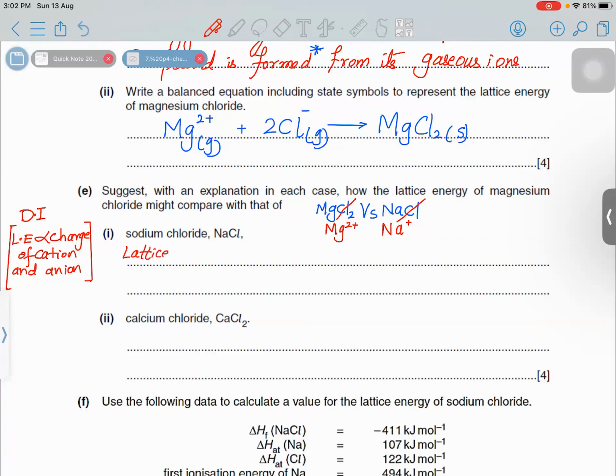So as more charge, more attraction between Mg plus 2 and Cl negative than Na positive and Cl negative.